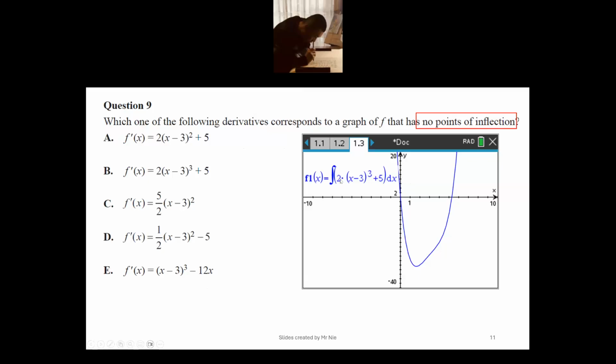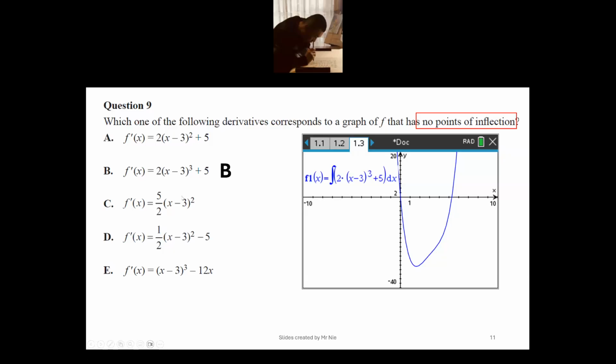When I integrate 2 times (x - 3) to the power 3 plus 5, this is the shape you're going to get. Looks like there is a point of inflection here, but you don't actually count this one as a point of inflection simply because it has no change of concavity.